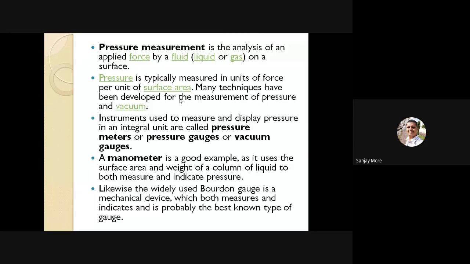Likewise, the widely used Bourdon gauge is a mechanical device which both measures and indicates, and is probably the best known type of gauge. So the Bourdon tube pressure gauge is a mechanical device and a regularly used, basic pressure measurement device.